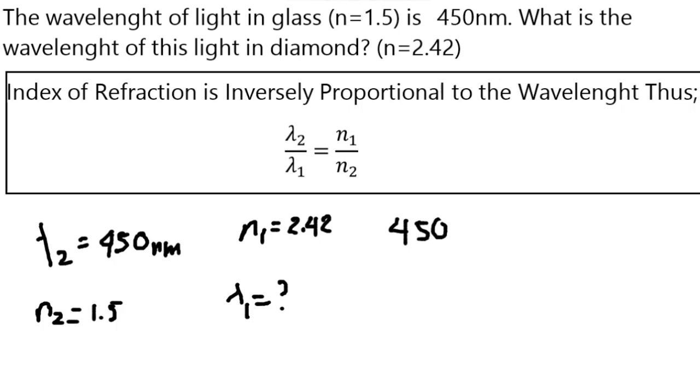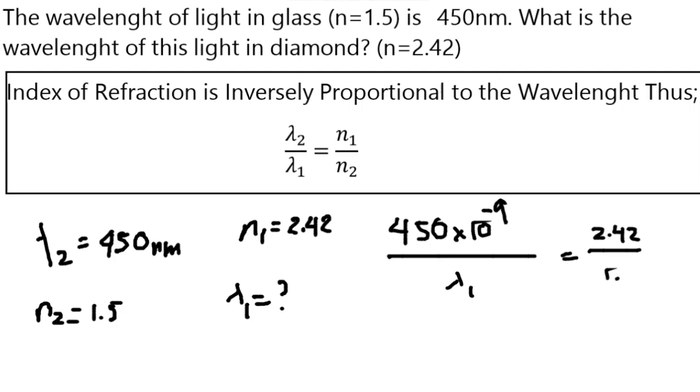So we can just write everything into our equation. Our lambda 2 is going to be 450 times 10 raised to the negative 9. What we're going to find is that lambda 1 is equal to the index of refraction of the glass divided by the index of refraction of the diamond, times lambda 2. Now we can manipulate this equation and solve for the wavelength in diamond.